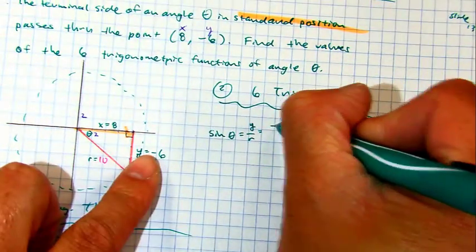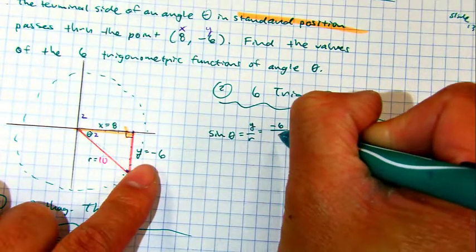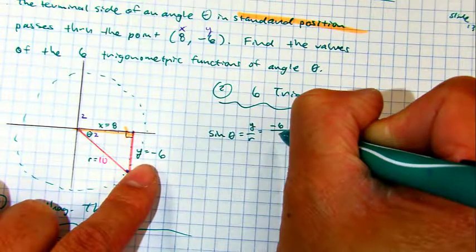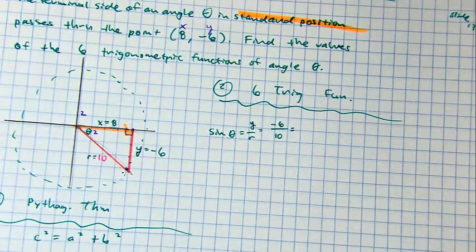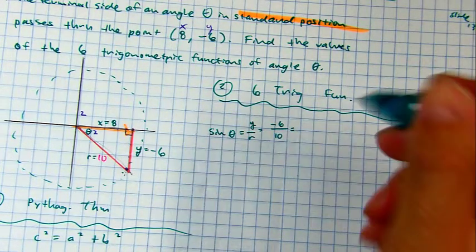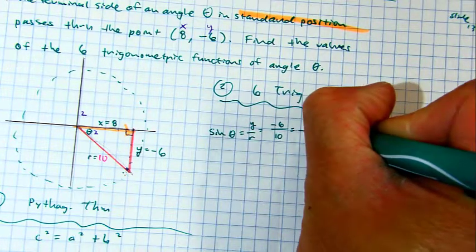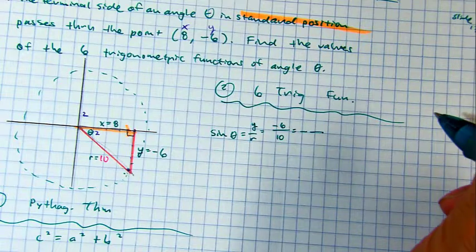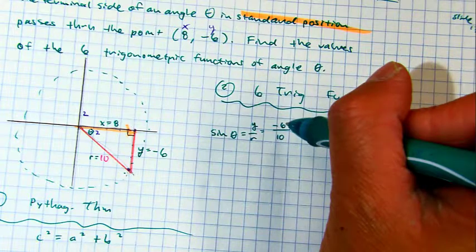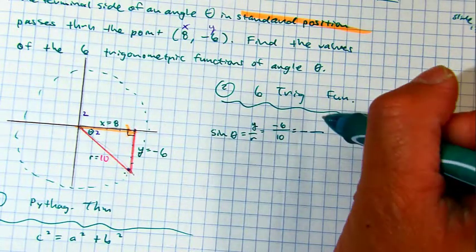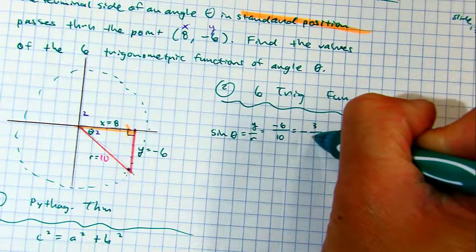Negative 6 over 8? Negative 6 over 10, yeah? And no one likes unreduced fractions, so we're going to reduce that. Jesse, you're dividing the top and bottom by 2. So Jesse, if we reduce that, that becomes? Negative 3/5.